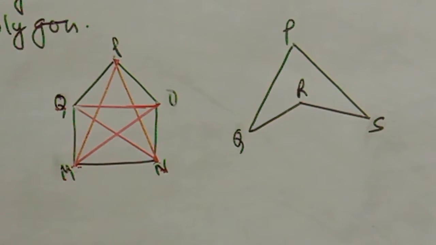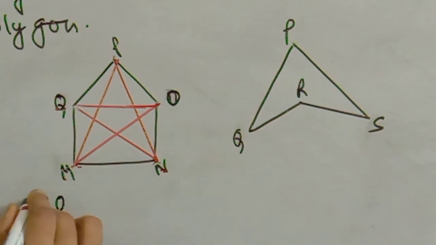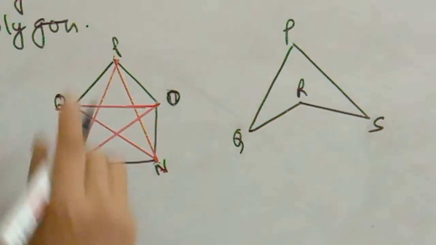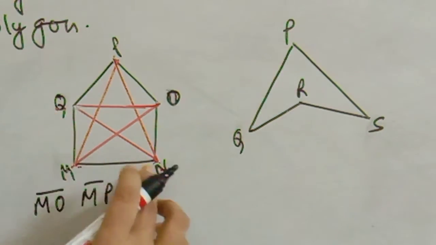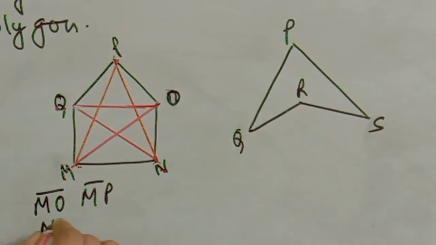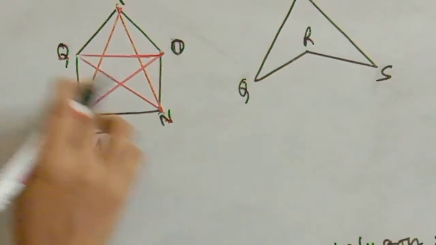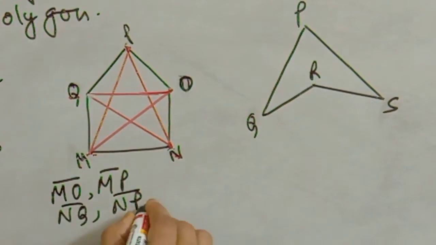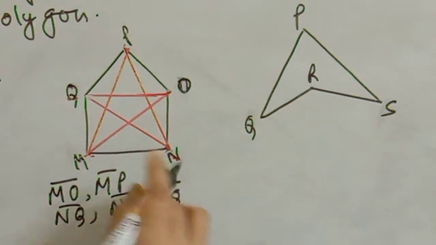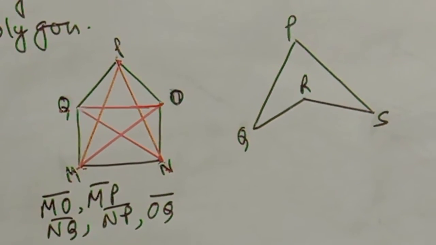So the diagonals are MO, MP, then from N, NQ, NP, and from O, OQ. These are the 5 diagonals we can draw from this polygon.